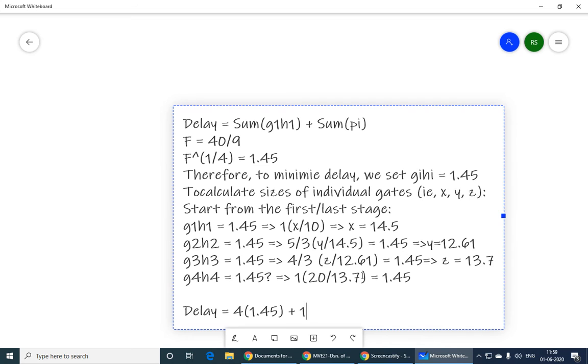So 1, 2, 2, 1 equal to 5.8 plus 6 equal to 11.8. Now, this is the delay for our logic path, and this is the best possible delay. You cannot do any better for any other values of x, y, z.